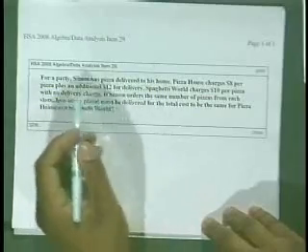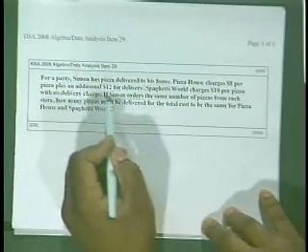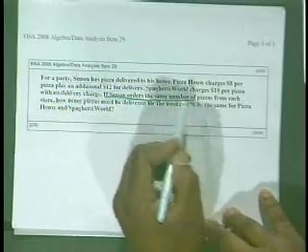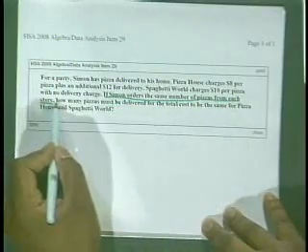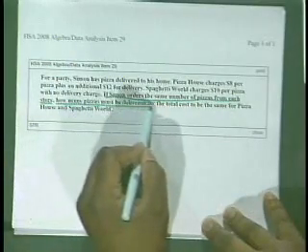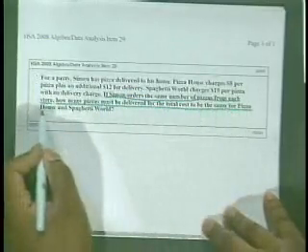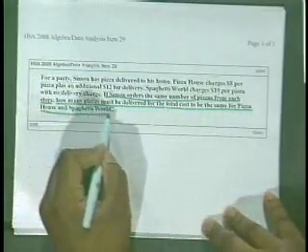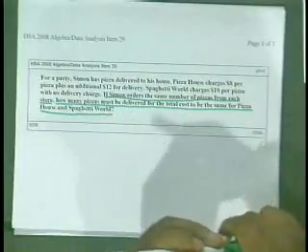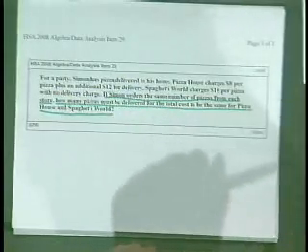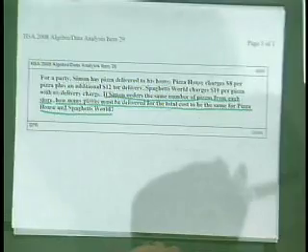Okay, so the first thing we want to do is look at our question. So we're analyzing our problem. The question says, if Simon orders the same number of pizzas from each store, how many pizzas must be delivered for the cost to be the same for Pizza House and Spaghetti World? So we want to know how many pizzas have to be delivered for the total cost to be the same.